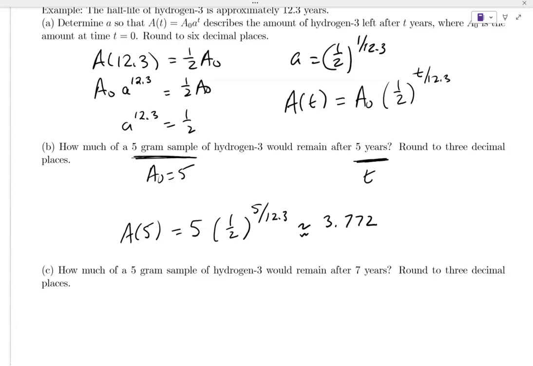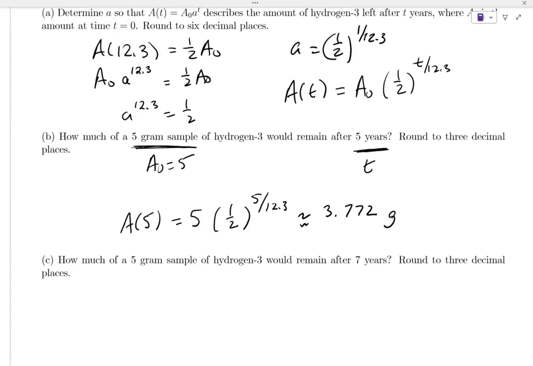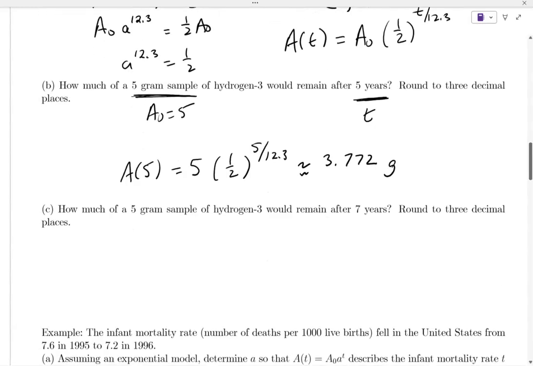What's the unit that the hydrogen is given in? It's grams, yeah. So it would be 3.772 grams. The only thing different between part B and part C would be what? Instead of plugging in 5 for T, you would plug in 7 for T. So part C is exactly the same, just plug in a different number.